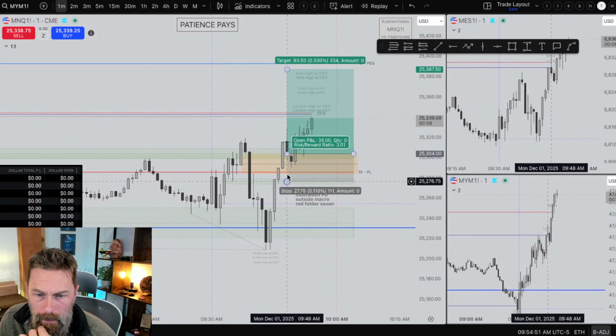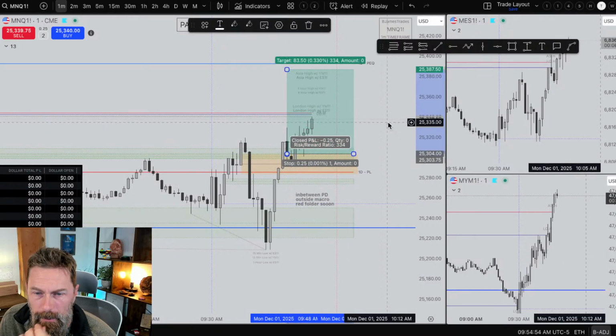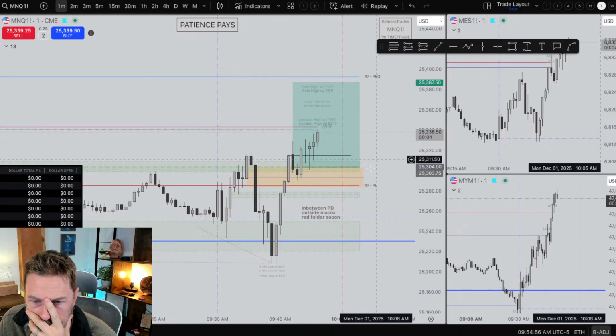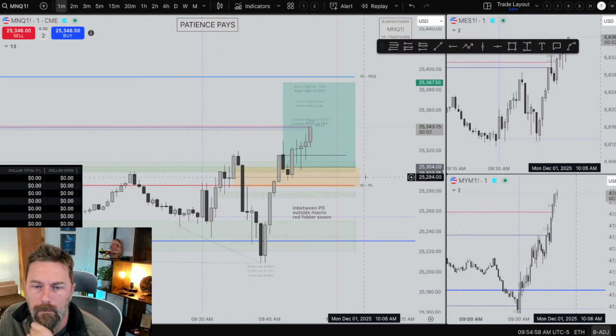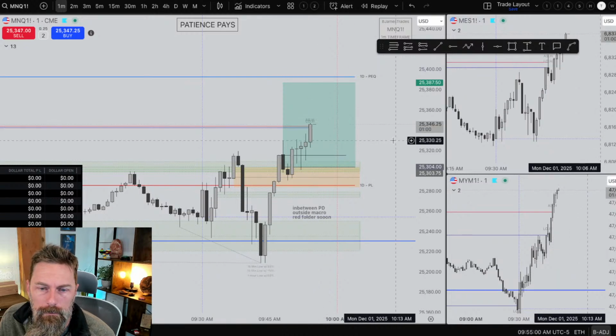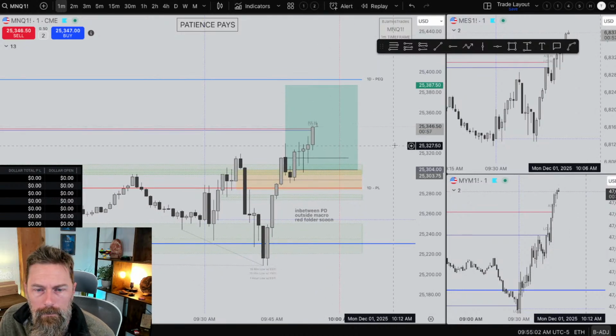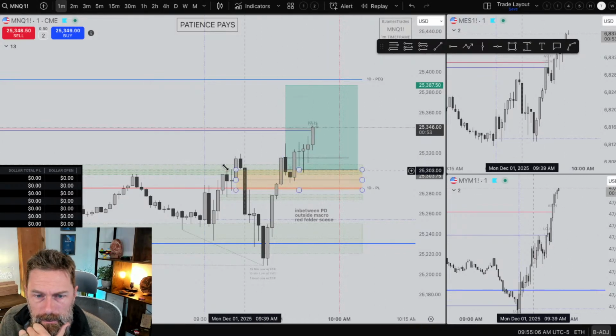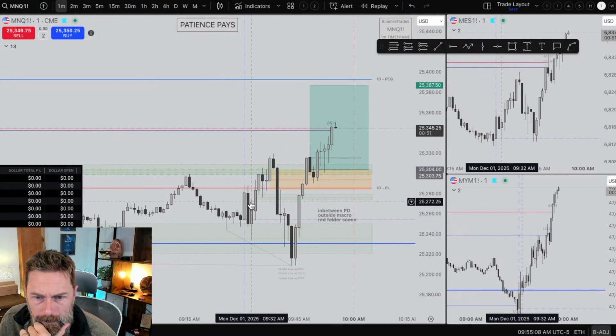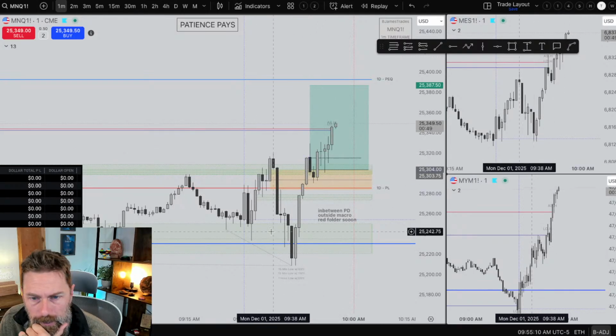So here I would have gone break even on this trade now that it's at 1R. But I'm okay to miss this. I don't like when I see seek and destroy starting to form.